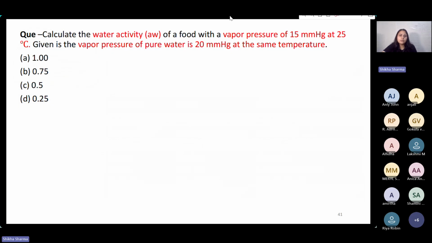Let's calculate a numerical question now. Calculate the water activity of a food with a vapor pressure of 15 mm Hg at 25 degrees Celsius. Given that the vapor pressure of pure water is 20 mm Hg at the same temperature. So we need to calculate the water activity here.